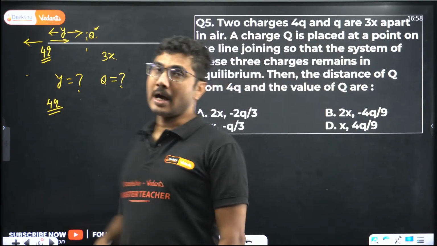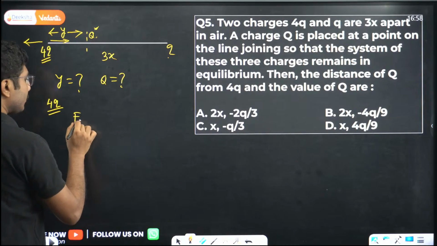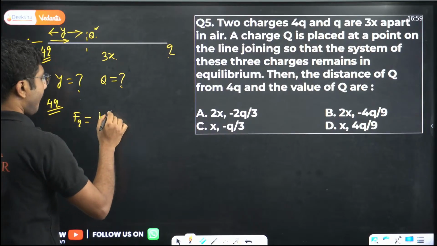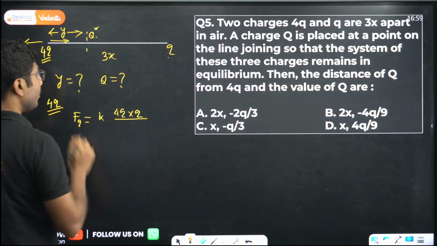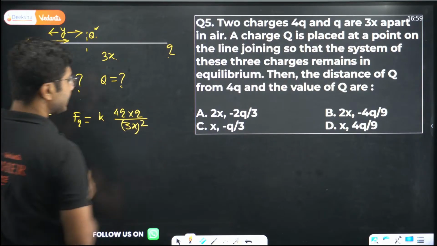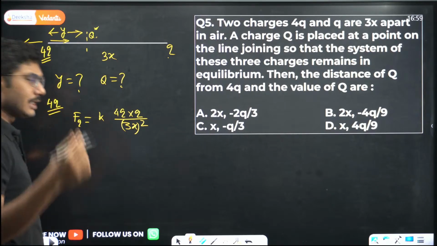So what is the force due to small q charge? Force due to small q charge is K 4q into q divided by 3x whole square. Coulomb's law. Basically all the questions up to this point are mostly based on Coulomb's law or electric field.